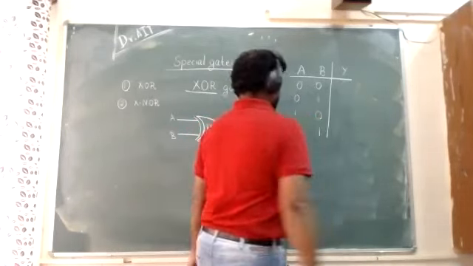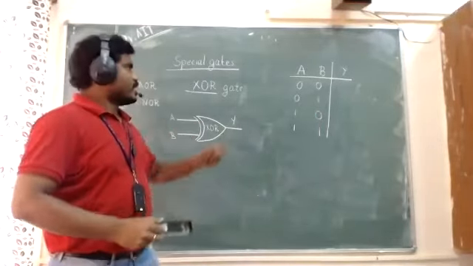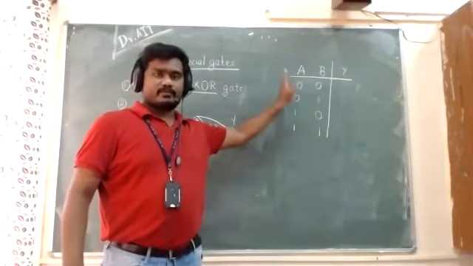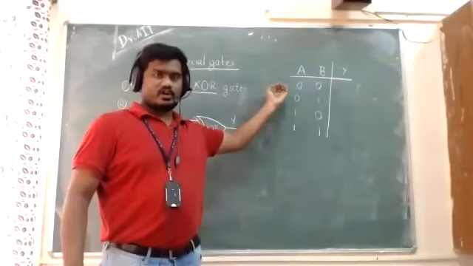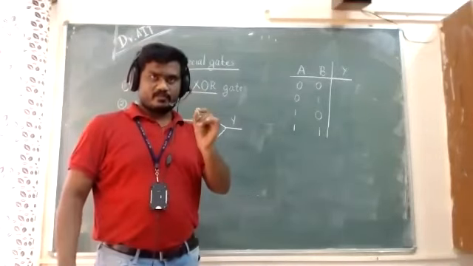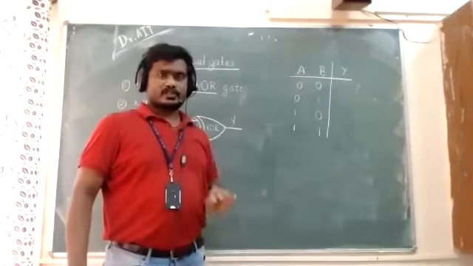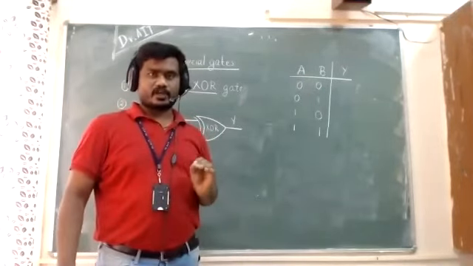The specialty of the XOR gate is, if both inputs are the same, it can be logic 0 or it can be logic 1, then its output is logic 0. So that is the logic behind this XOR gate. Okay, did you understand?